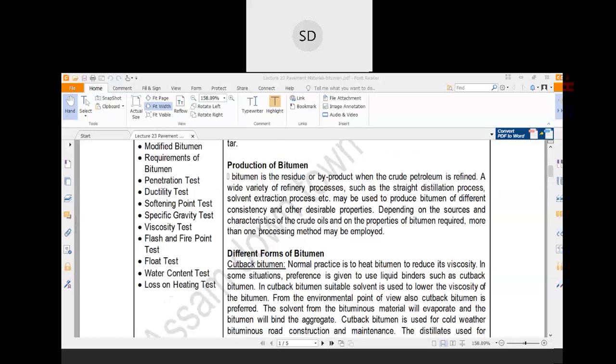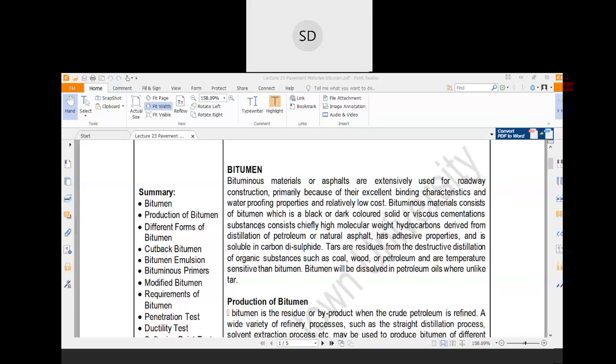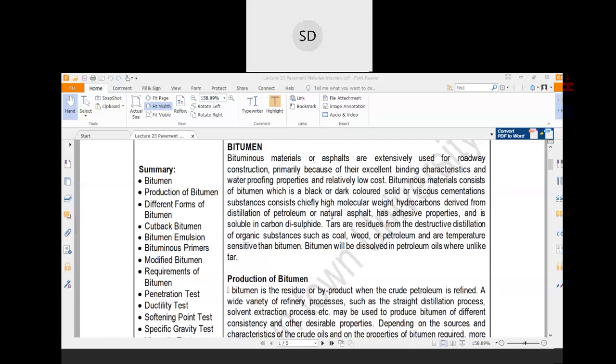Now another thing is another type of material which is called tars. So tars are basically like a bituminous material, but the origin of the tars is different from the bitumen.